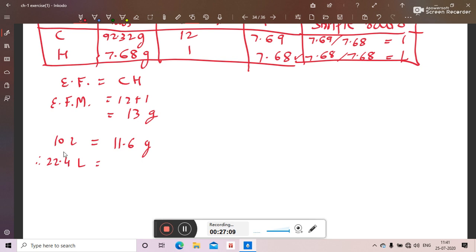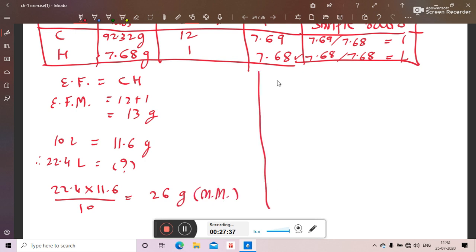So 10 liter gives 11.6 gram mass, and 22.4 liter at STP will give the mass equal to its molar mass. So what should be the mass? 22.4 into 11.6 upon 10. When you solve this, you will get 26 gram. That is nothing but the molar mass of the gas.